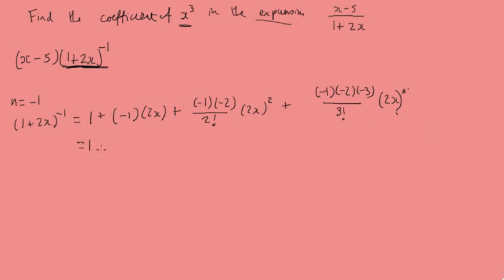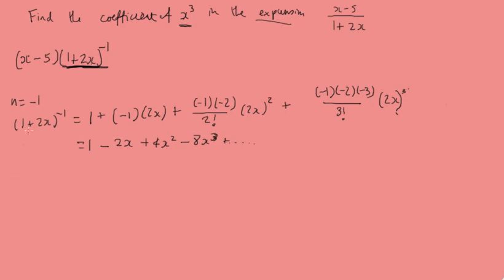So let's do all the calculations here. So we get 1 minus 2x plus 4x squared minus 8x cubed, so on and so forth.